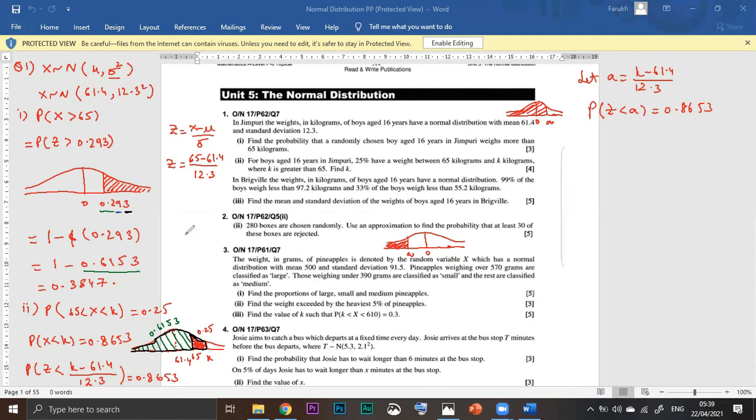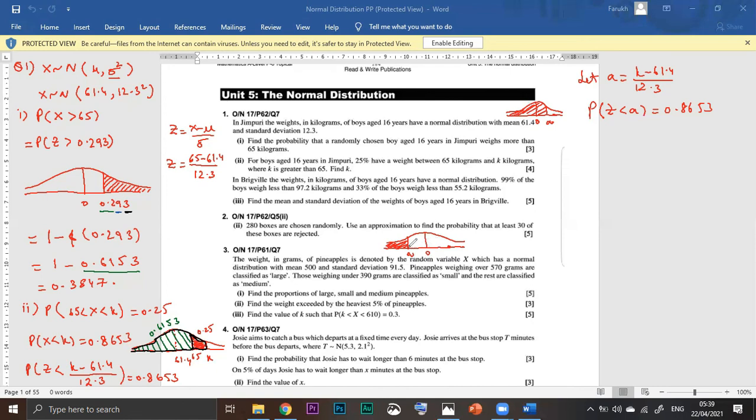Mila, can the area on the left hand side of A be 0.8653? Yes, because the area to the left of 0 is 0.5.